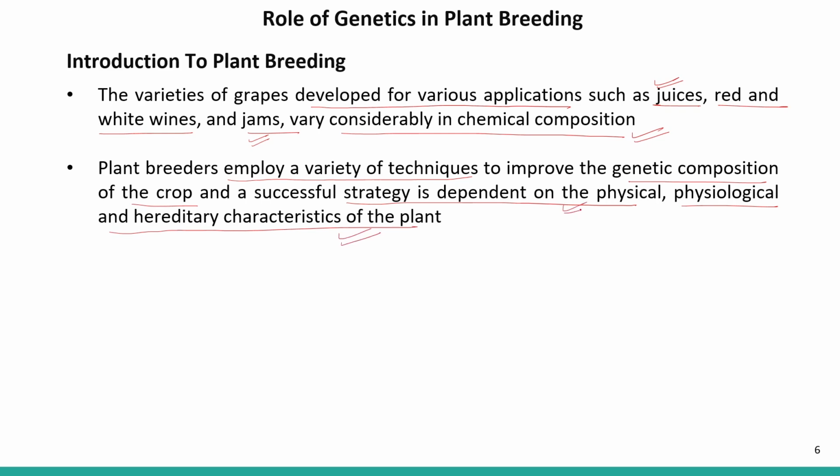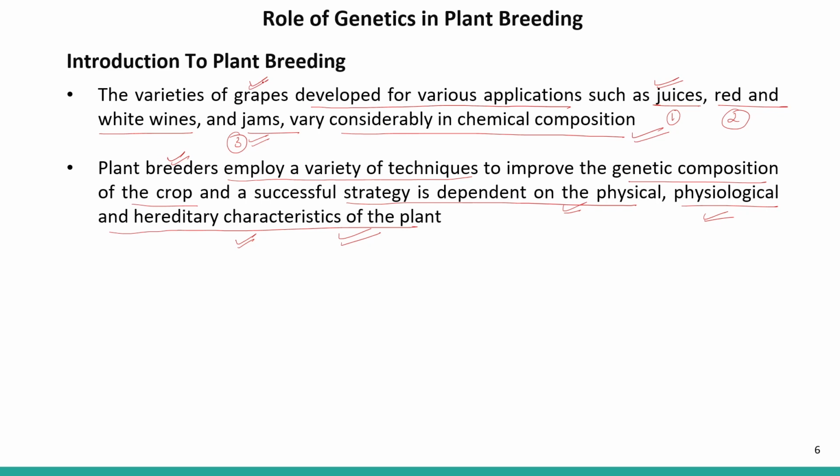So these characteristics are taken into account for plant breeding, because we require different types of grapes for juices, for red and white wines, and for jams. Our requirement is different, so our grapes must be according to that.